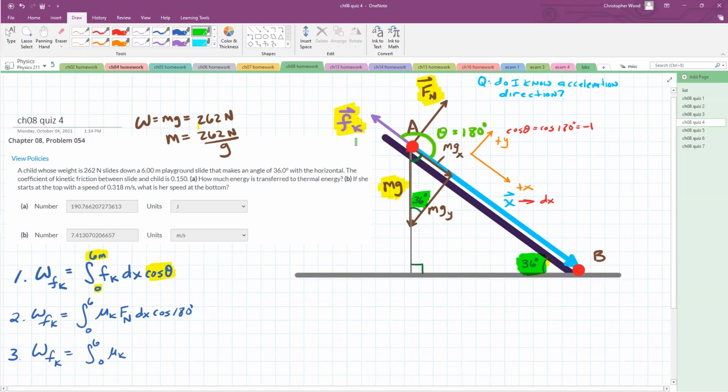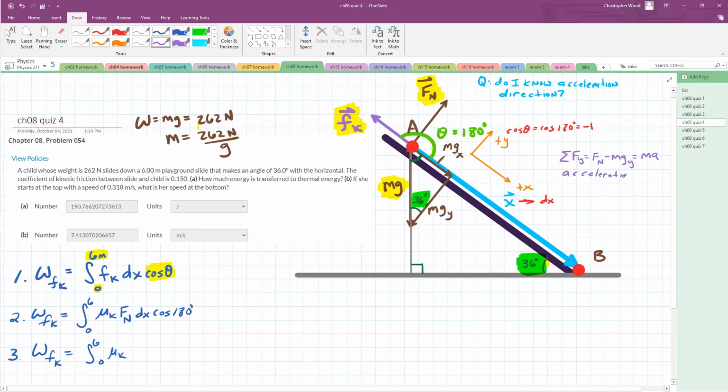So having said that, if I do a very quick little Y force inventory, the sum of all the y forces equals Fn minus mgy equals ma, and acceleration is equal to 0 because the block stays on the surface.